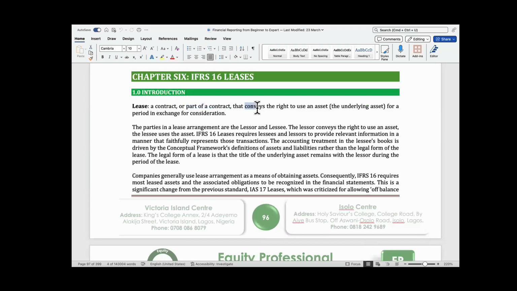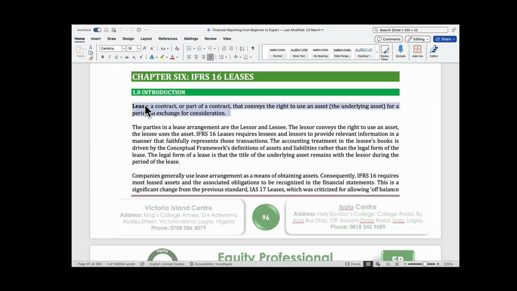Like the owner of an asset, he transfers the right to use that asset to another person. It won't be forever. Leases is assumed to be for a specified period, and it's not for free. It's usually for a consideration.